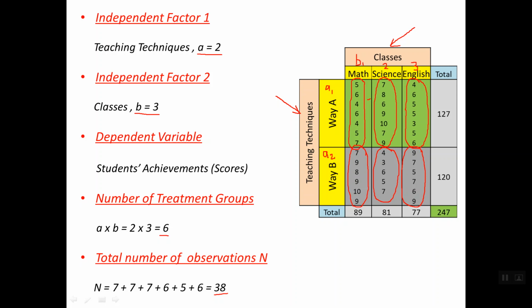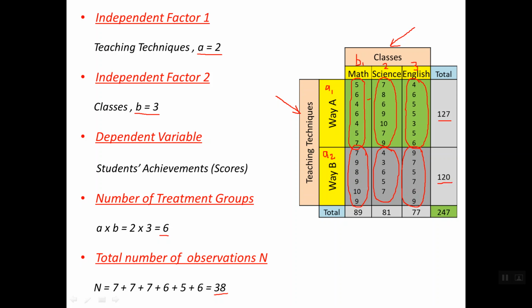The total scores for the student has been calculated horizontally. For example, for way A, we have 127, the total of the observations, while for way B, we have 120.